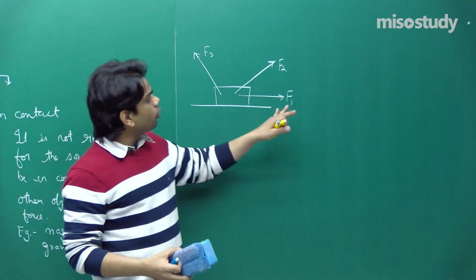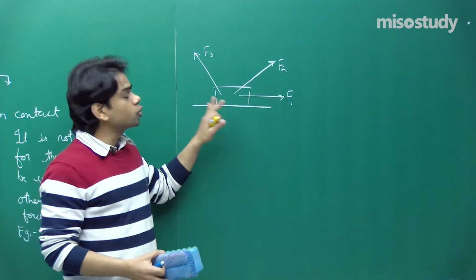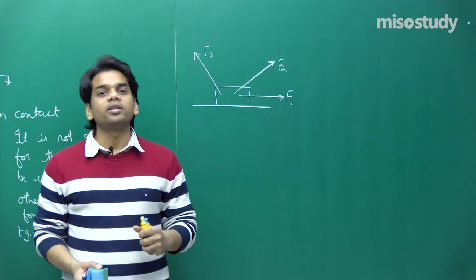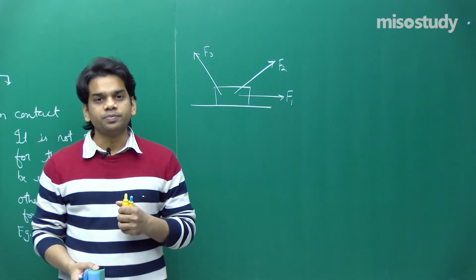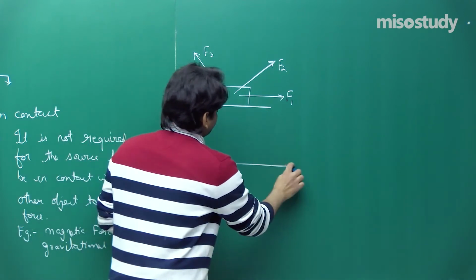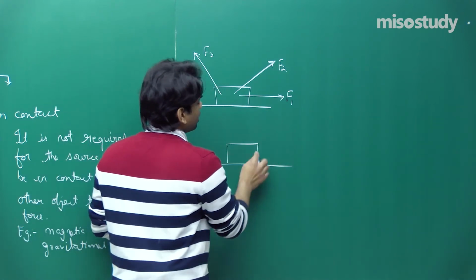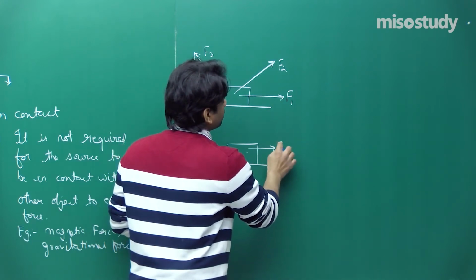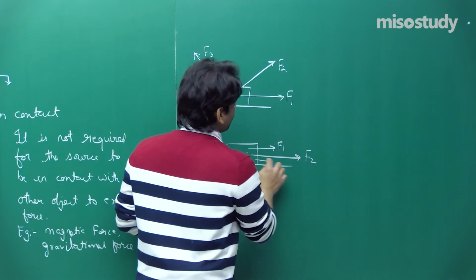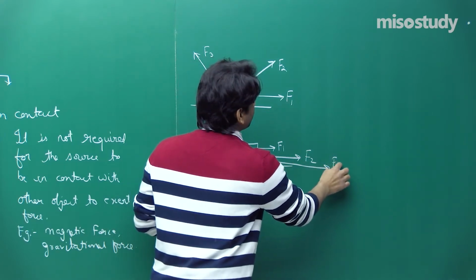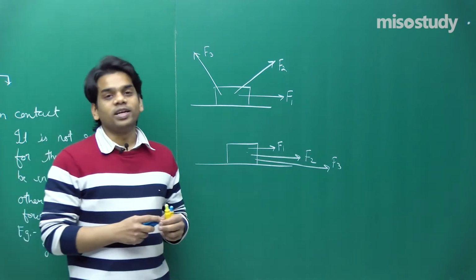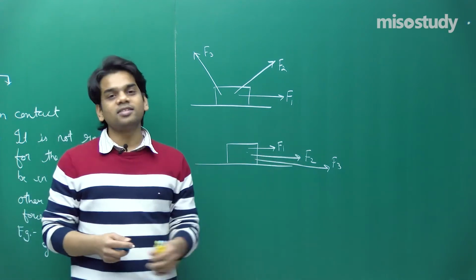So all these forces will have an effect on the net motion of the body, let's say the net acceleration of the body, which we'll be talking about more when we discuss Newton's second law of motion. Now suppose I make a very simple case. This is an object, and force F1 is acting here, force F2 is also acting in the same direction, and force F3 is also acting in the same direction. Now the effect will be felt, and this time all the forces are acting in the same direction.